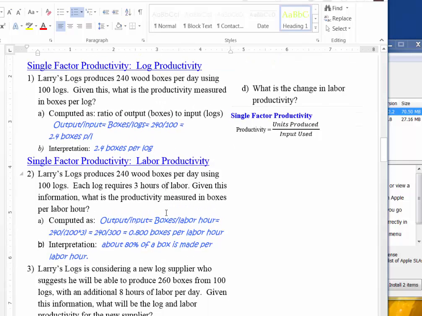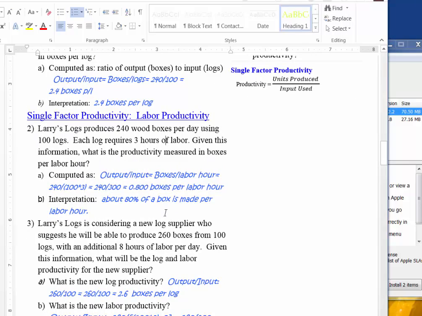Down here, I changed it a little bit to labor productivity. Here we're producing 240 wood boxes per day using 100 logs, but each log now requires 3 hours of labor. So now we can interpret it as boxes per labor hour. Again, output divided by input, boxes divided by labor hours.